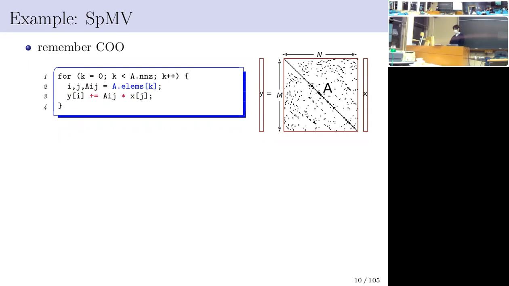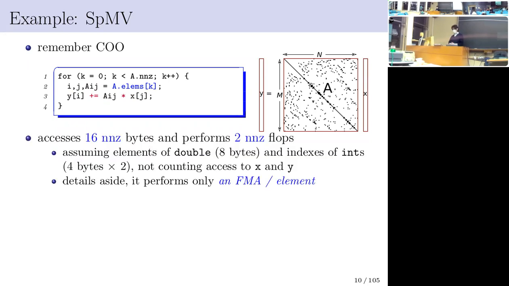This is a very frequently used algorithm. If you look at how much data it accesses, let's say NNZ is the number of non-zero elements.